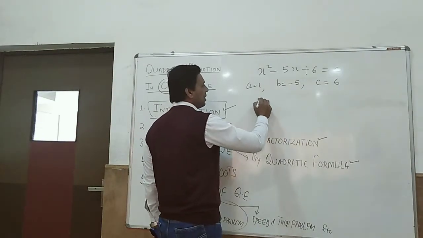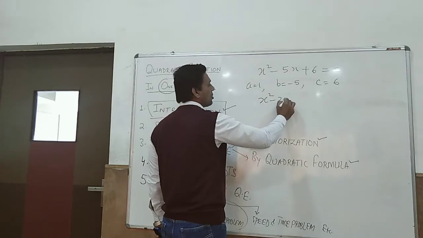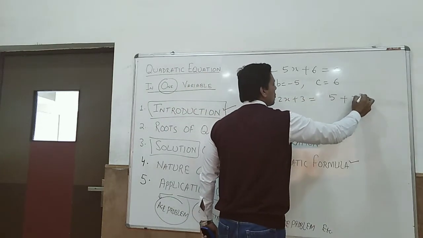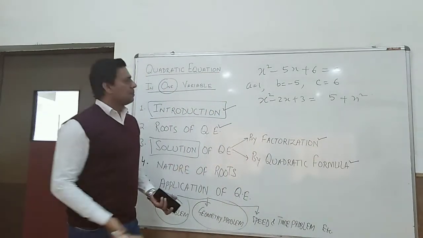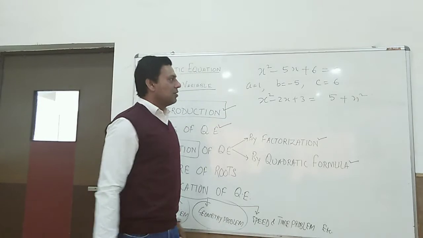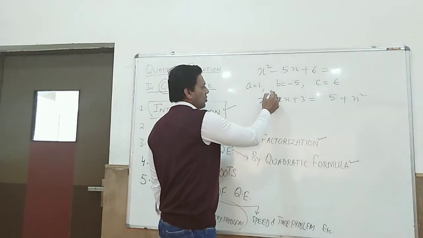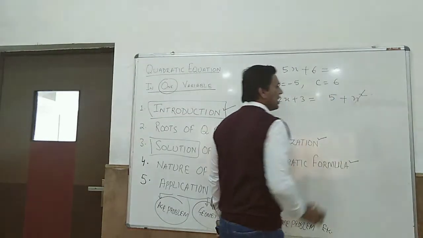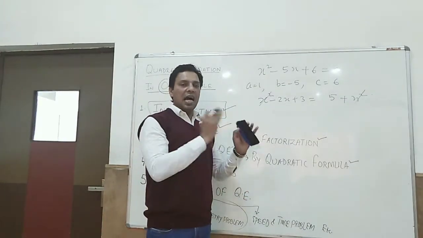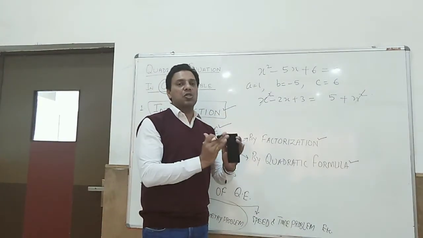Suppose I am writing down x square minus 2x plus 3 is equal to 5 plus x square. If I ask whether it is a quadratic equation or not, no, because x square can be cancelled from both the sides. Then after simplification, we will not have a term which is having x square.